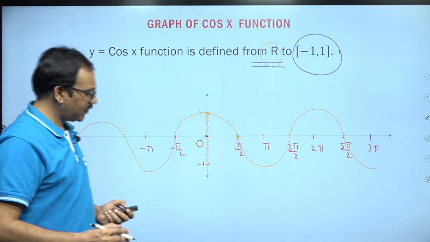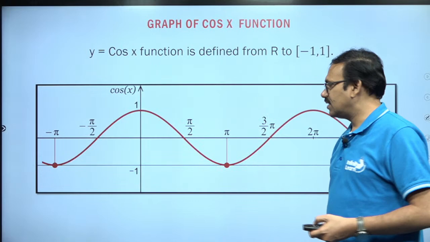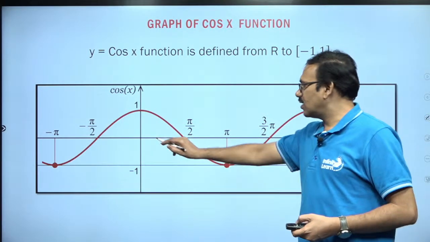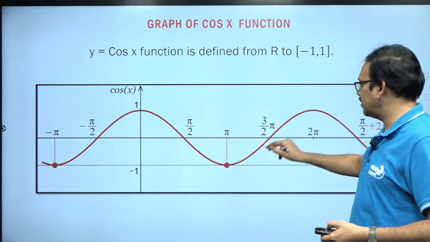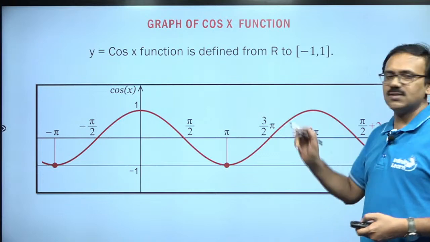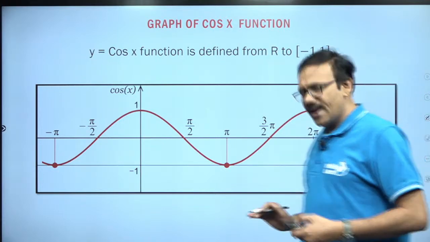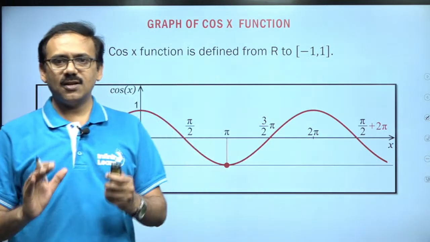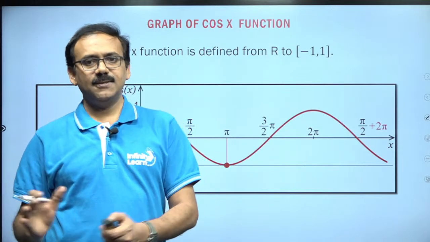The same thing I am going to show in a neat diagram here. You see, this is the graph of cos x, my dear friends. Cos 0 degrees is 1, pi by 2 is 0, at pi it is minus 1, 3 pi by 2 is 0. This is the graph of cos x, dear students. So, we have discussed the graphs of two basic trigonometric functions, one is sin x, second is cos x.